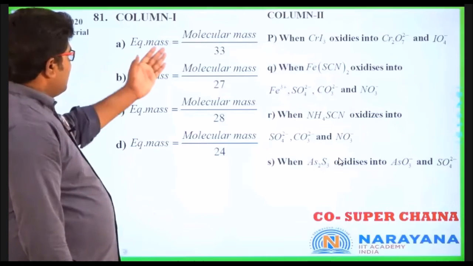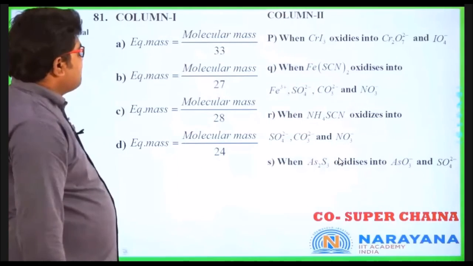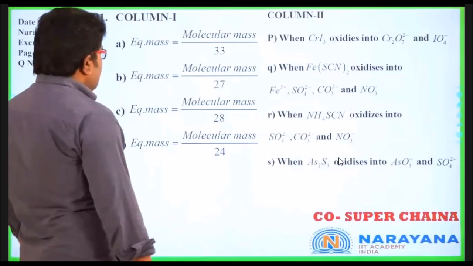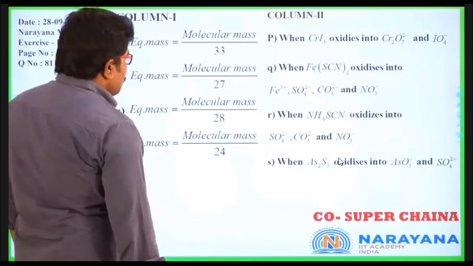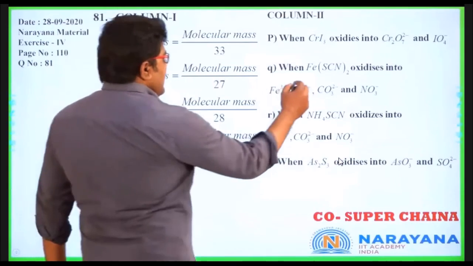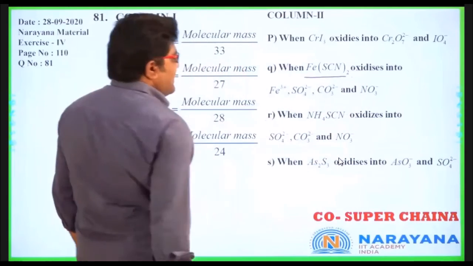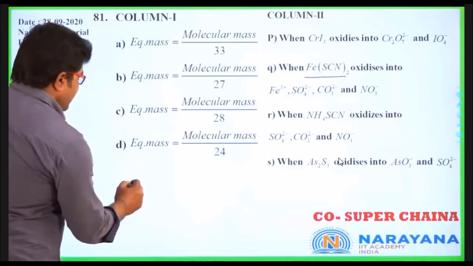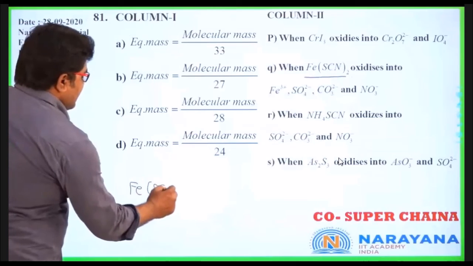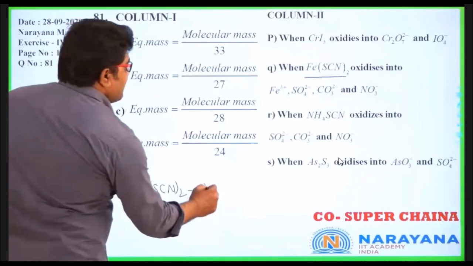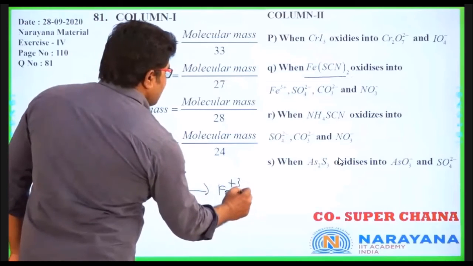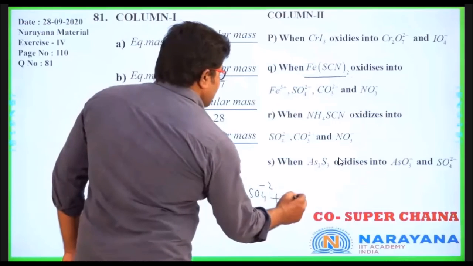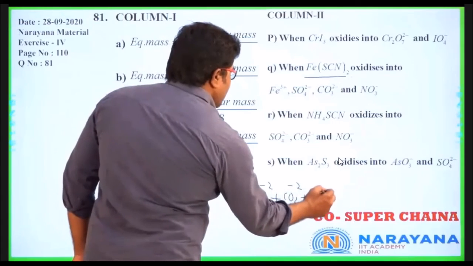Column 1, equivalent mass is equal to molecular mass by 33. Okay, now see here. FeSCN taken twice can be oxidized to Fe plus 3 plus SO4 minus 2 plus CO3 minus 2 plus NO3 minus.